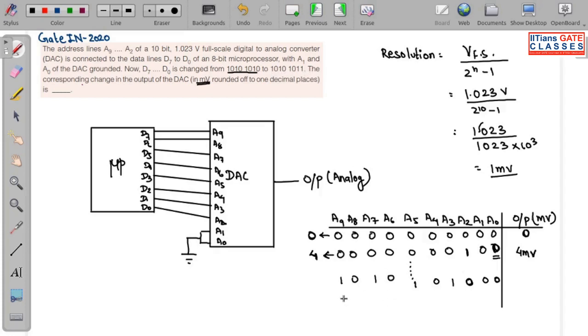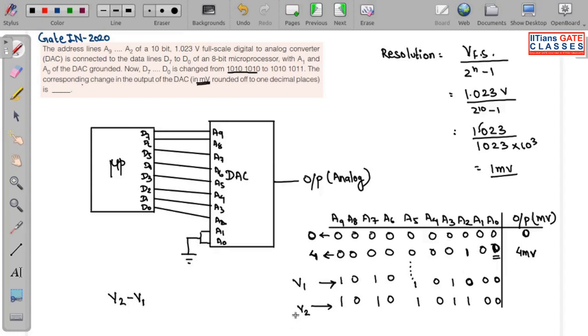Okay, fine. The corresponding change in the output of DAC. Okay, the corresponding change. So let me assume, if this is V1 and if this is V2, they just want to know what is V2 minus V1.